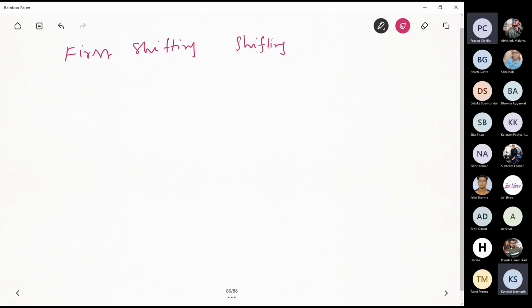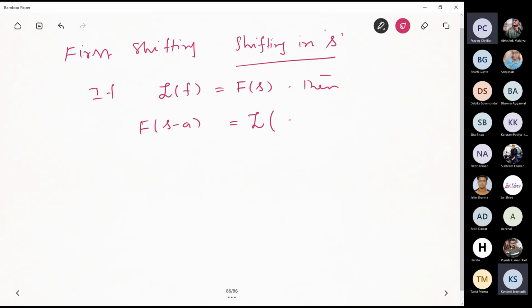Shifting in s variable. What it says is, if L of f equals big F of s, then F at s minus a is going to be L of e power at into f of t.